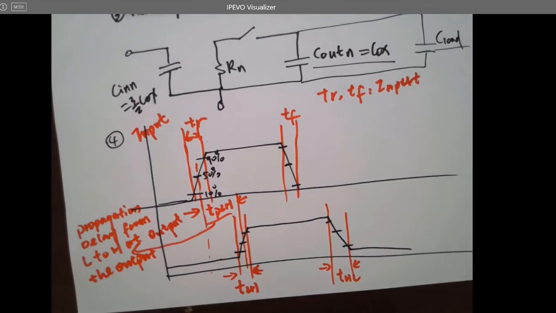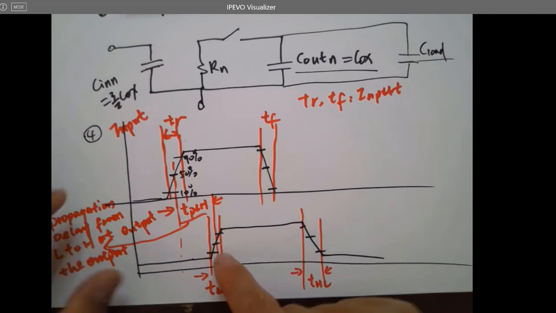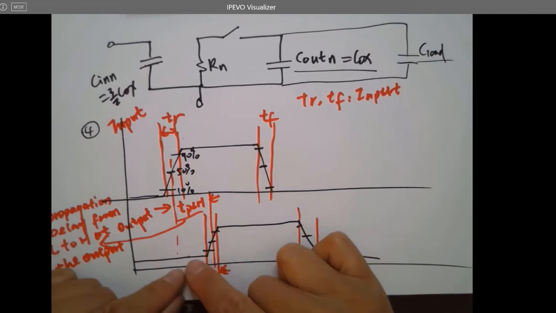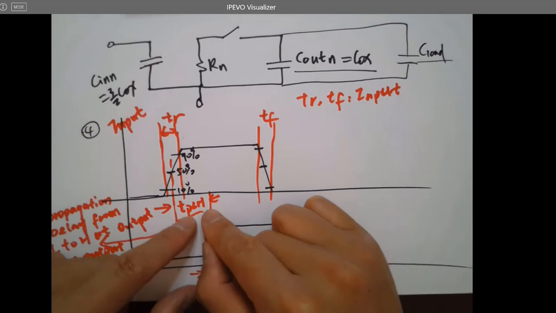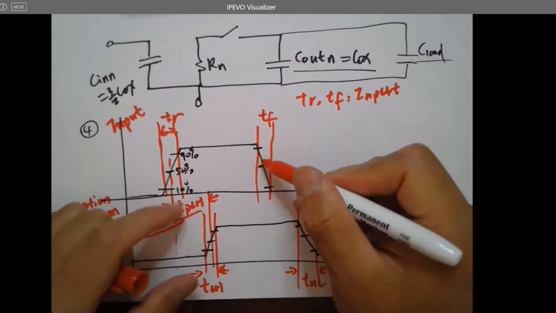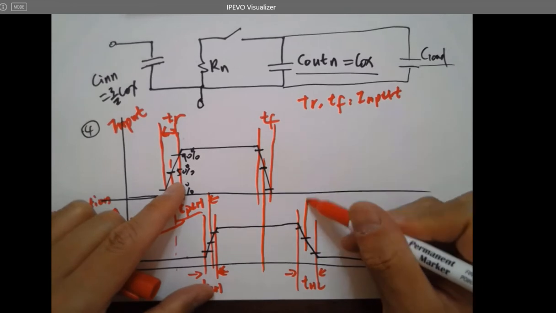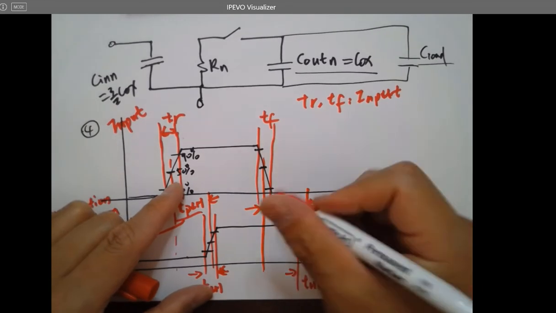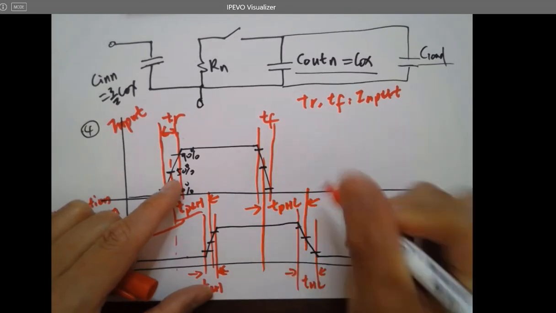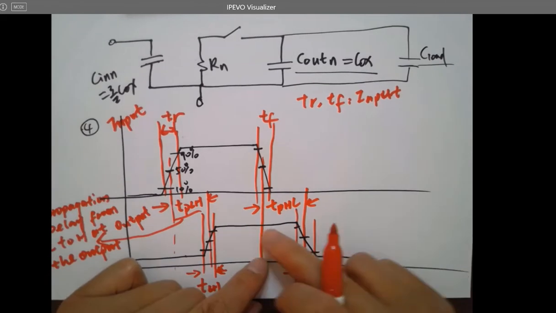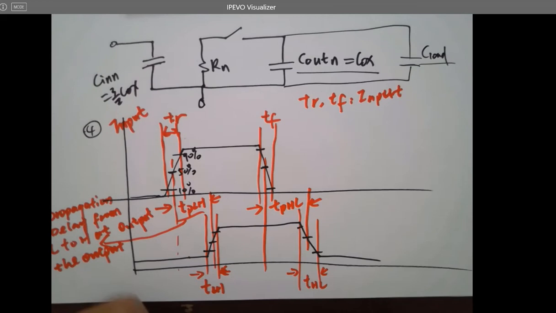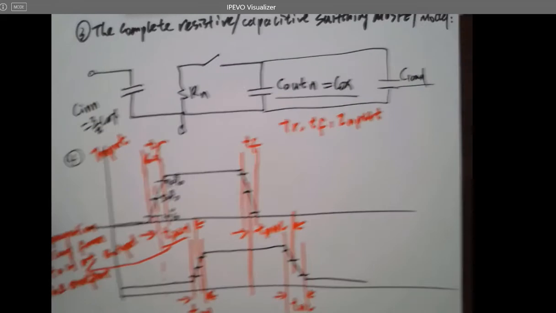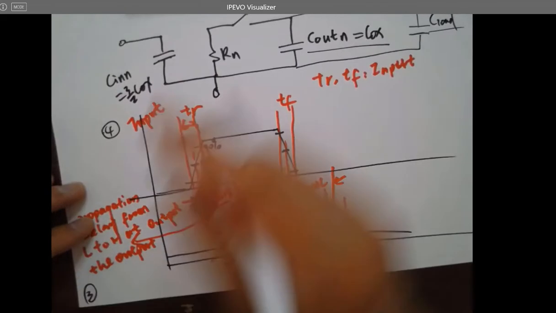So that's the rule to find out LH or HL, because you always look at the output. The output is going from low to high, that's why we define it as TPLH. For here, also 50%, 50%, it's called TPHL. Always look at the output, because the output is going from high to low. That's why it's TPHL. And let's take a look at the example for this case.